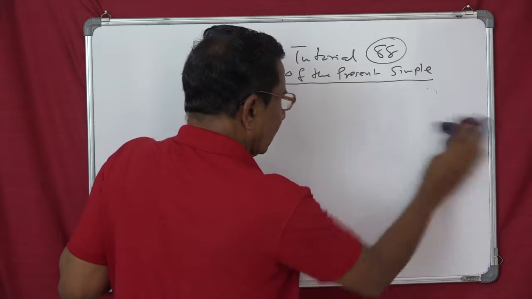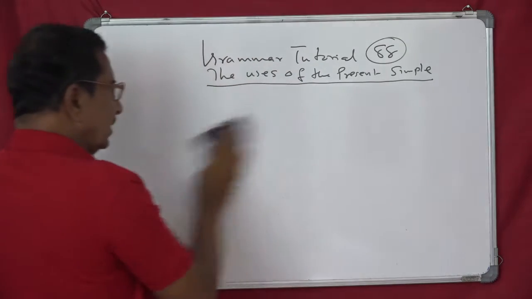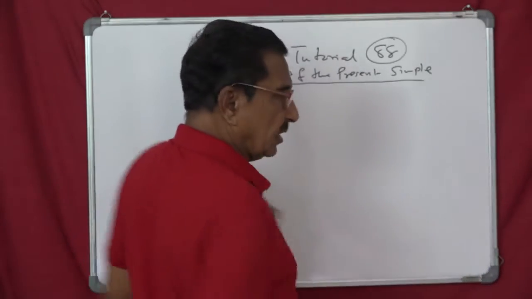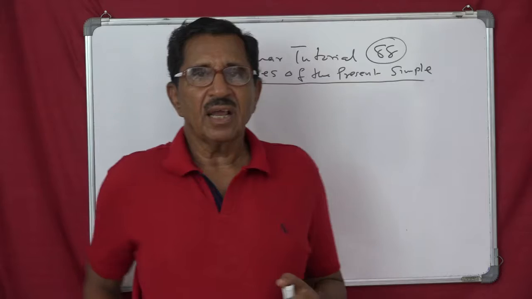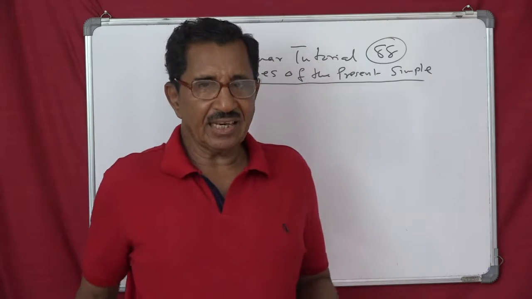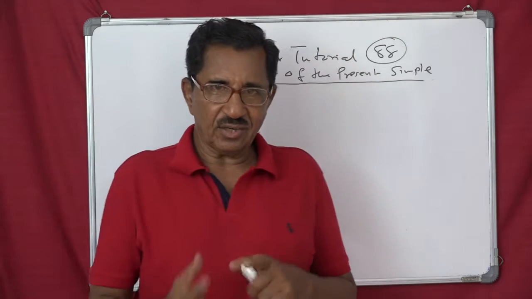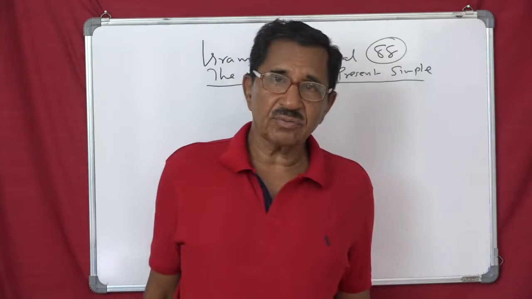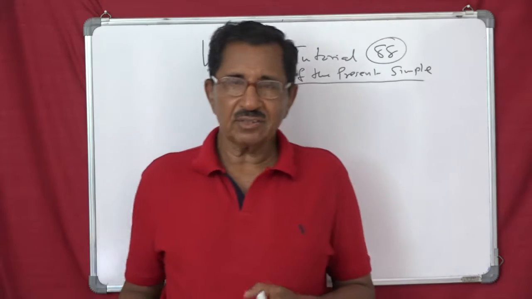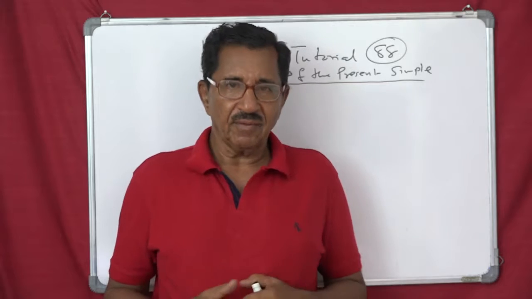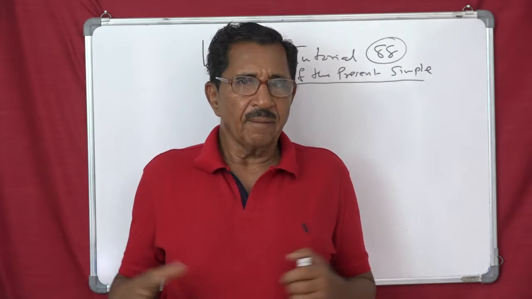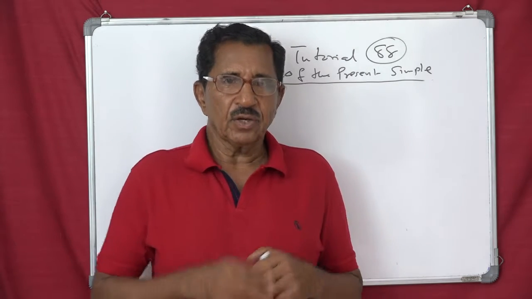for example, we say, water boils at 100 degrees. It's a scientific fact. Water boils at 100 degrees; 99 will not. So general truths, scientific facts, philosophical truths, you always use the simple present. We don't use the present continuous. For example, we will not say truth is winning.